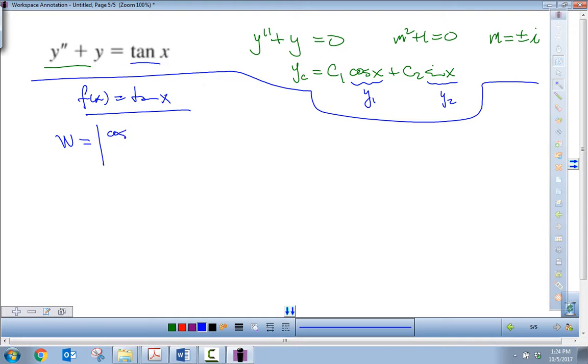So we've got a cosine x and a sine x, and I designated my cosine to be y1, so I need to remember that when I solve for u1 and u2. And then the derivatives. Derivative of cosine is negative sine, derivative of sine is positive cosine. And then we get cosine squared plus sine squared. We have a Wronskian of 1. That's nice.